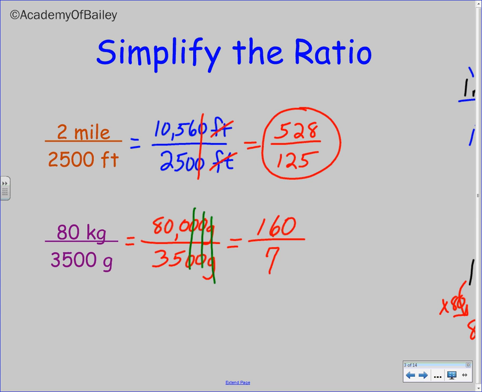I do know that the only numbers that go into 7 are 1 and 7, and 7 does not go into 160, so therefore there's the simplified form of the ratio.